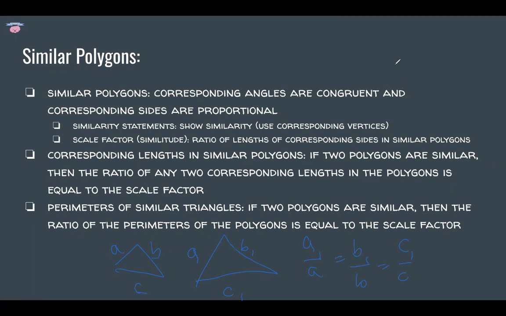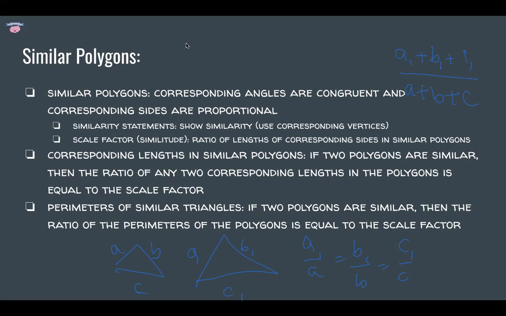The perimeter of the top would be A1 plus B1 plus C1, and the perimeter of the bottom would be A plus B plus C. It looks complicated at first, but you can use some of the theorems we learned, including the property that if you add a denominator to the numerator, there's actually a slight variation of that. It's hard to prove right now with the concepts we learned so far, but it's important to note that the perimeters of similar triangles are proportional.